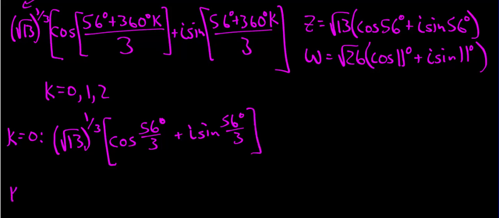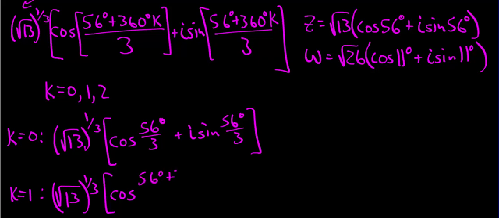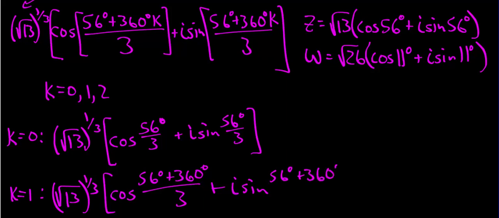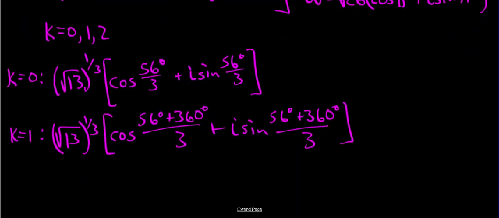Now, k equals 1: the square root of 13 to the 1/3, and then cosine of 56 plus 360 over 3 plus i sine 56 plus 360 over 3. And you could use radians.